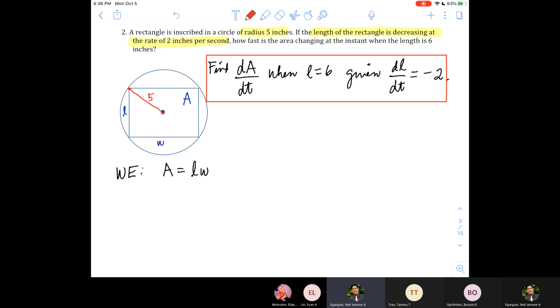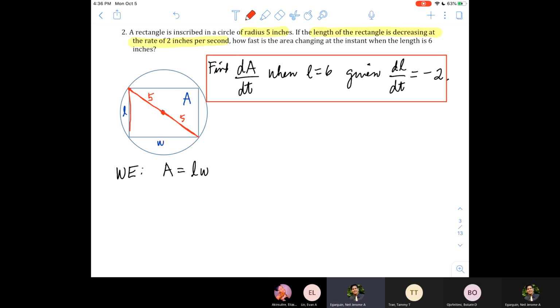Because that is a radius, okay? And similarly, the line segment coming from the center towards the opposite vertex of the rectangle will also be 5 units long, okay? So in all, the diagonal of the rectangle would be 10 units long, right?